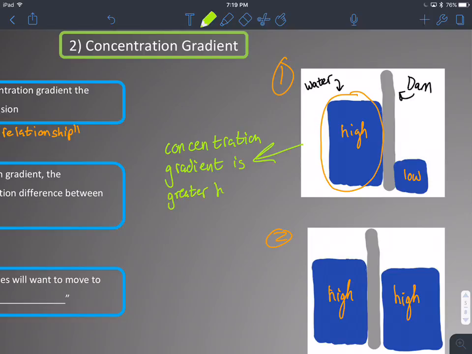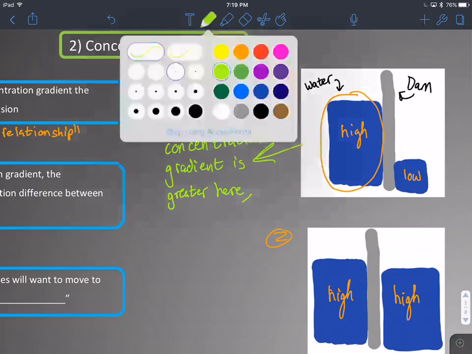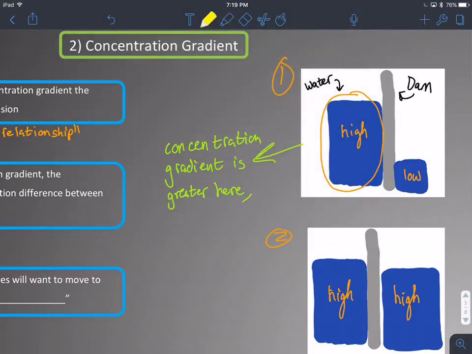and this is the important part, okay? Because there is a greater difference between the high and low concentration.